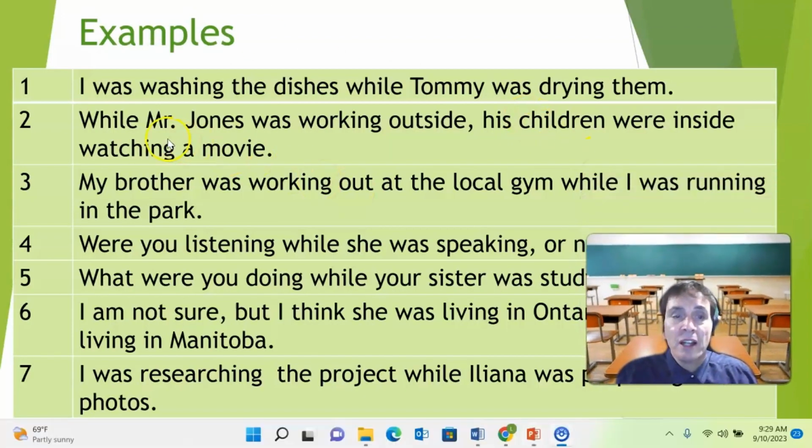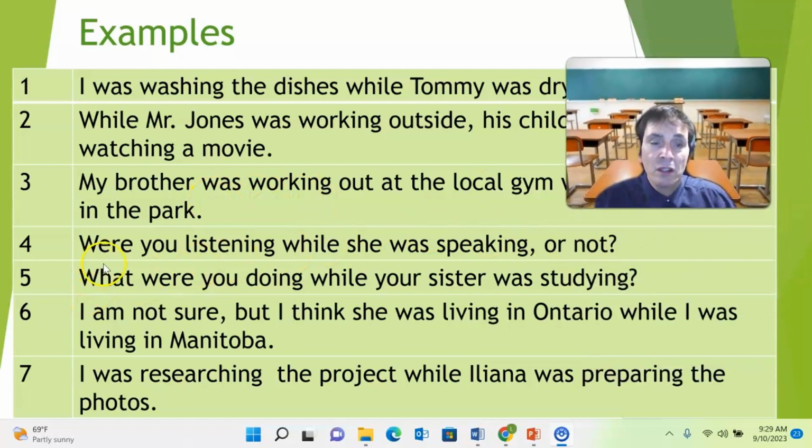I was washing the dishes while Tommy was drying them. While Mr. Jones was working outside, his children were inside watching a movie. My brother was working out at the local gym while I was running in the park.